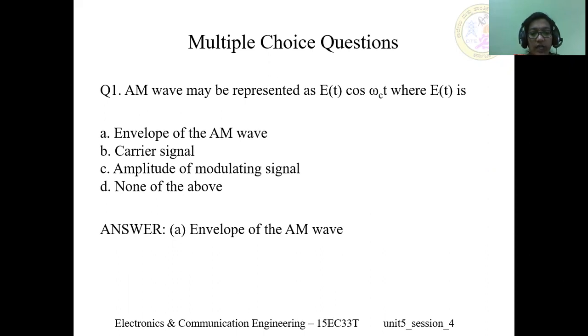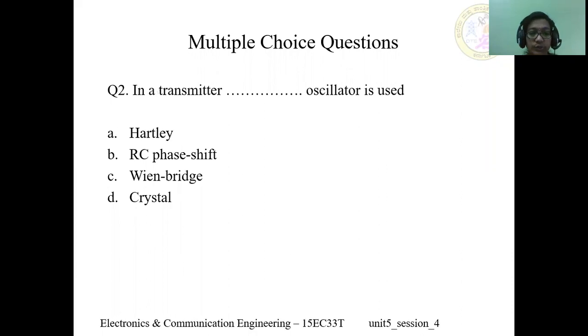So answer is A, envelope of AM wave. Question number 2.